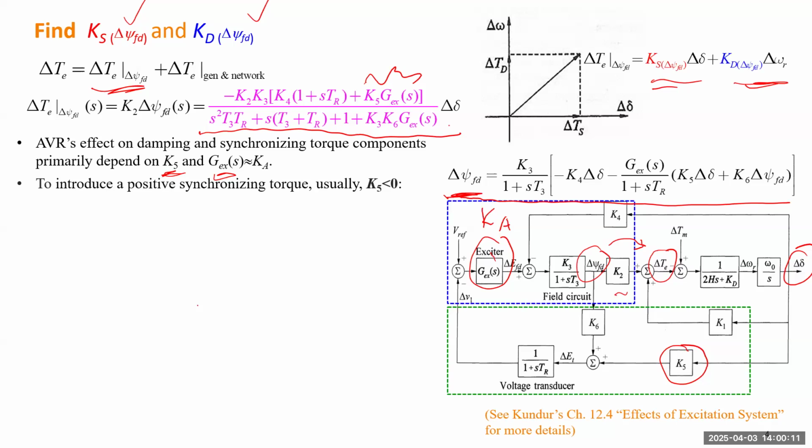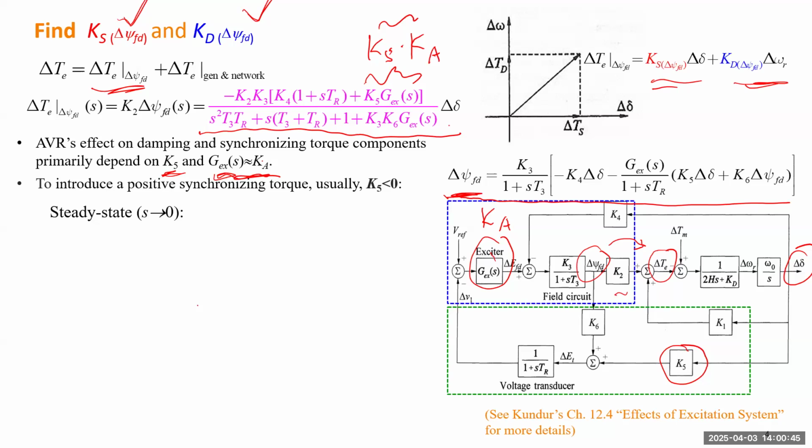Definitely this exciter has a more complex transfer function, but if we only want to figure out the sign, either positive or negative, of those two coefficients, we can just use a very simple exciter model, basically just a first order component with just Ka. So the exciter is basically just Ka, and here it is basically just K5 multiplied by Ka. This product can be much bigger than any others in the numerator.